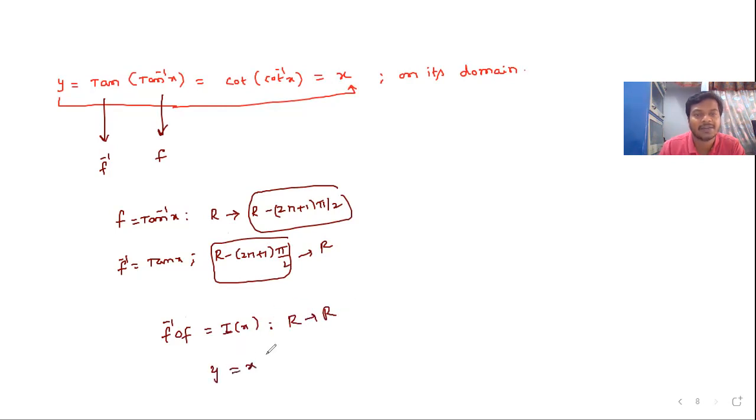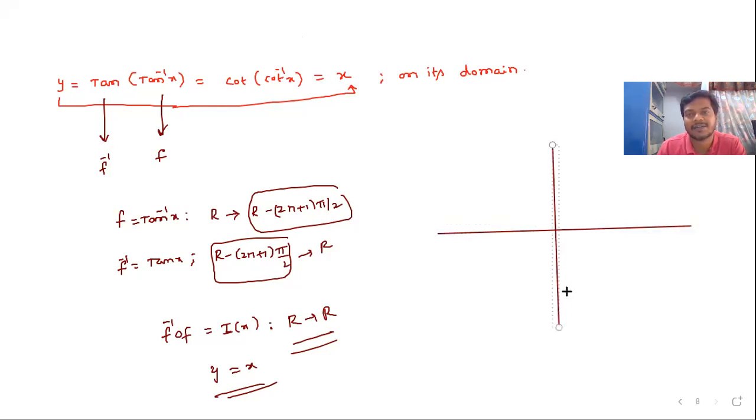Therefore, it is like y equal to x in the interval R to R. Therefore, for the graph of tan inverse of x and cot inverse of x, we get y equal to x clearly, on the entire domain. This is the graph, no breaks.